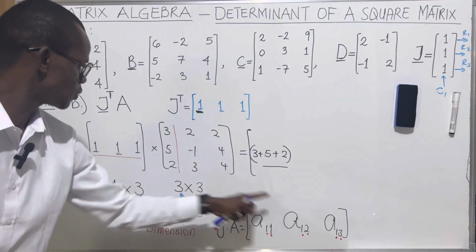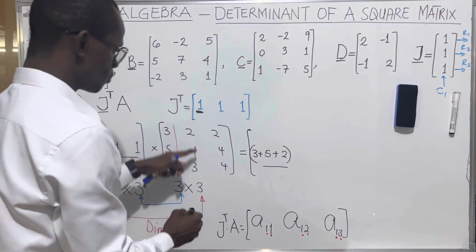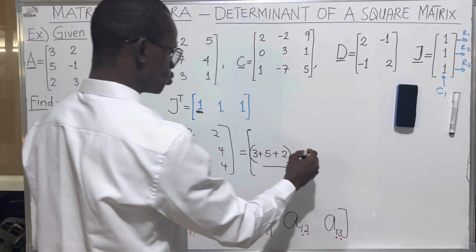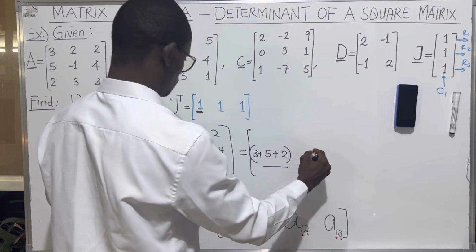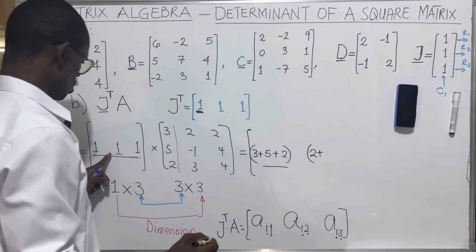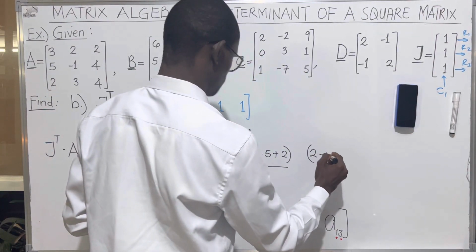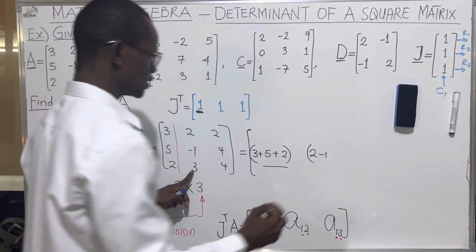Then we'll move to the second one. Row 1 again times column 2. So it's 1 times 2. So you leave space. So it's 1 times 2 is 2, plus 1 times minus 1 is now minus 1, plus 1 times 3 is 3.